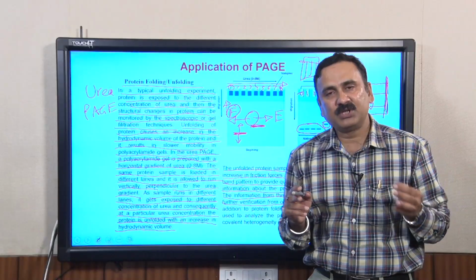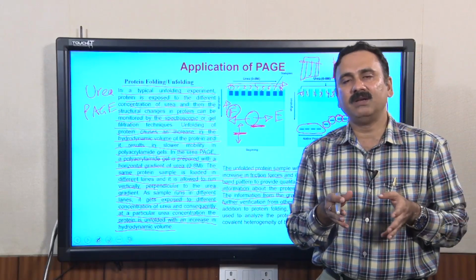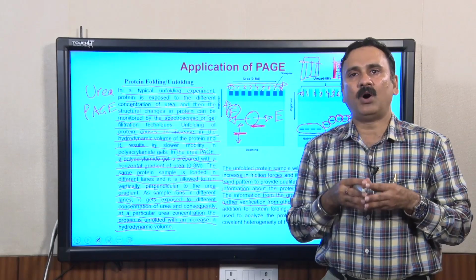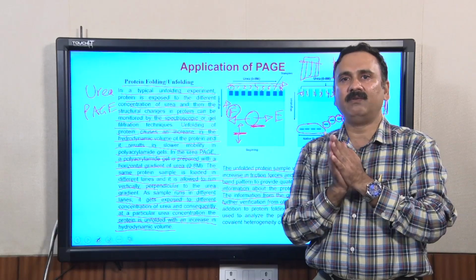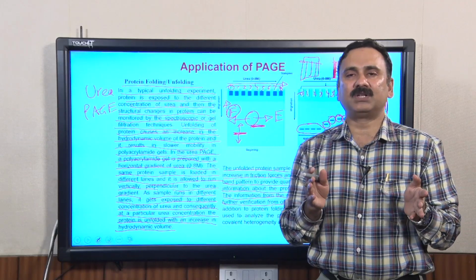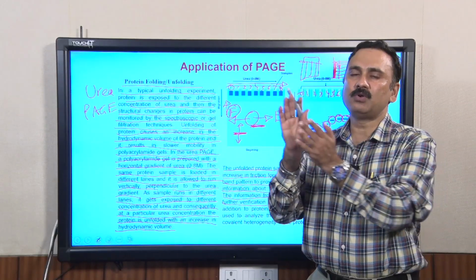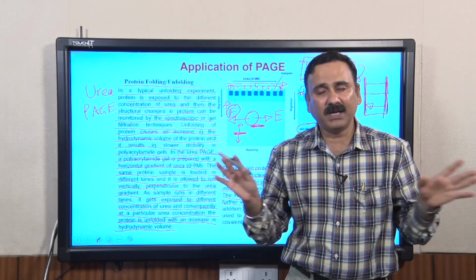The information you get from urea PAGE is semi-qualitative or semi-quantitative, observatory kind of information, which means it tells you that up to 4 molar urea this protein structure is very stable, but at 5 molar or 6 molar the protein structure is disrupted.